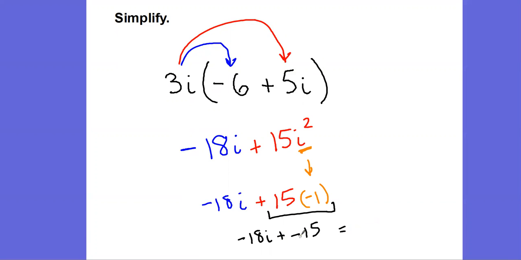Instead of saying plus -15 here, I could have just said -15. But the final answer will be -15, and don't lose this negative right here, -15 minus 18i.